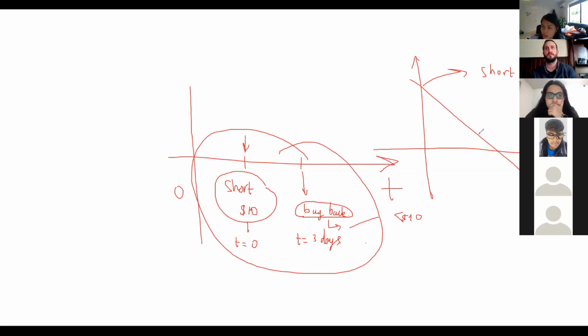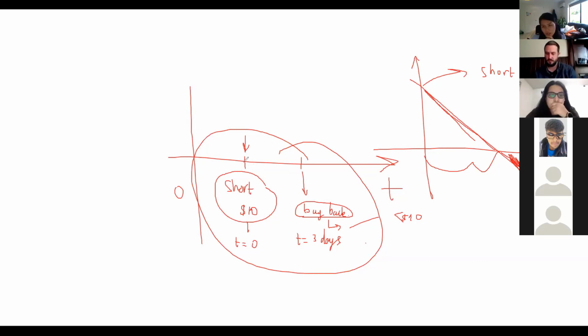Normally, when the future price is lower, your short position will make a profit. But when it is higher, this is when you make a loss. Yeah, I know it's a bit hard to explain.